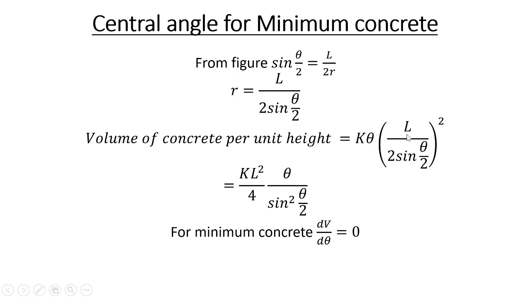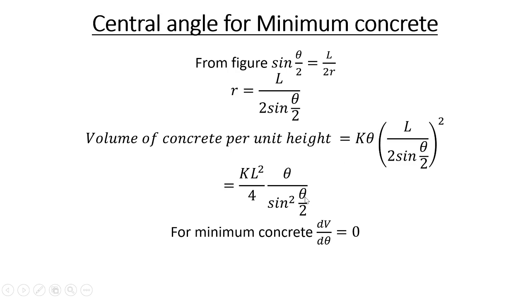Again squaring and taking terms outside, you will get k into this L square is taken outside, and 2 square, that is 4, is taken outside, and this theta is taken inside the bracket. Theta divided by sine square theta by 2.